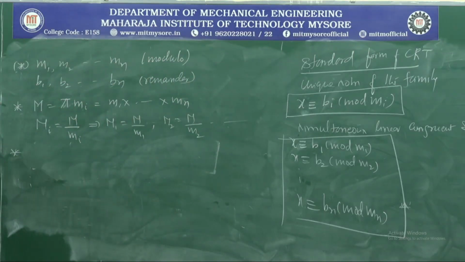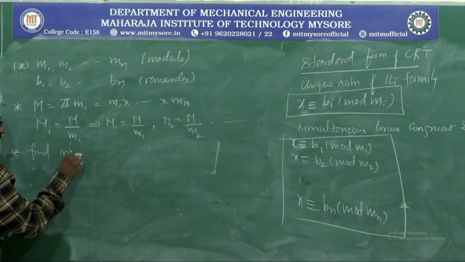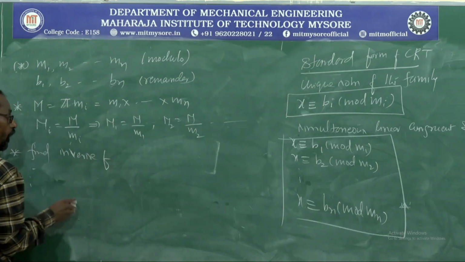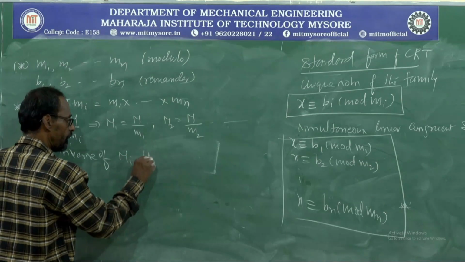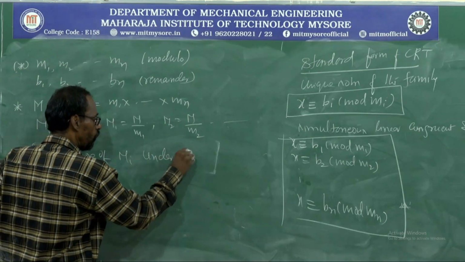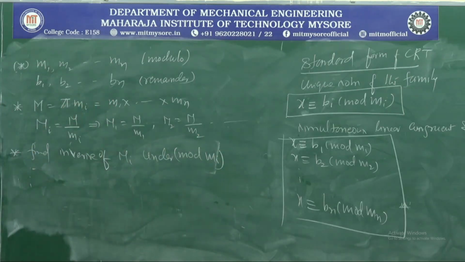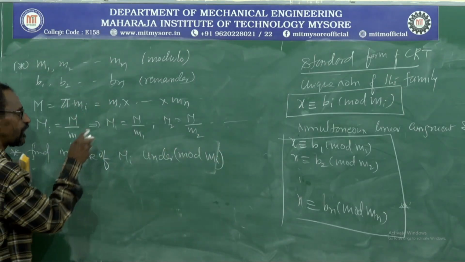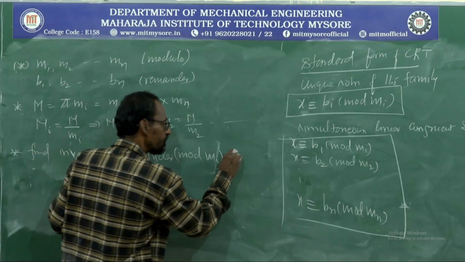The next step is to find the inverse. Find the inverse of Mi under modulo small mi. Very typical, be careful, people get confused. So find the inverse of capital Mi under modulo mi.